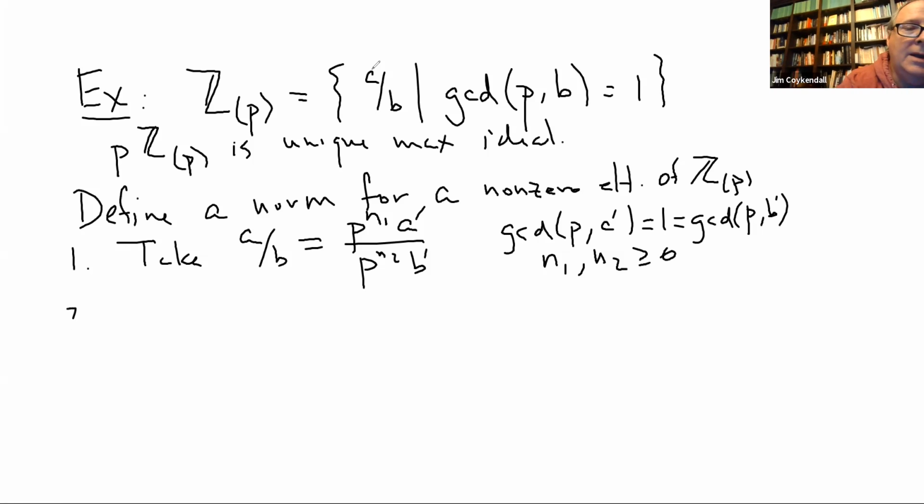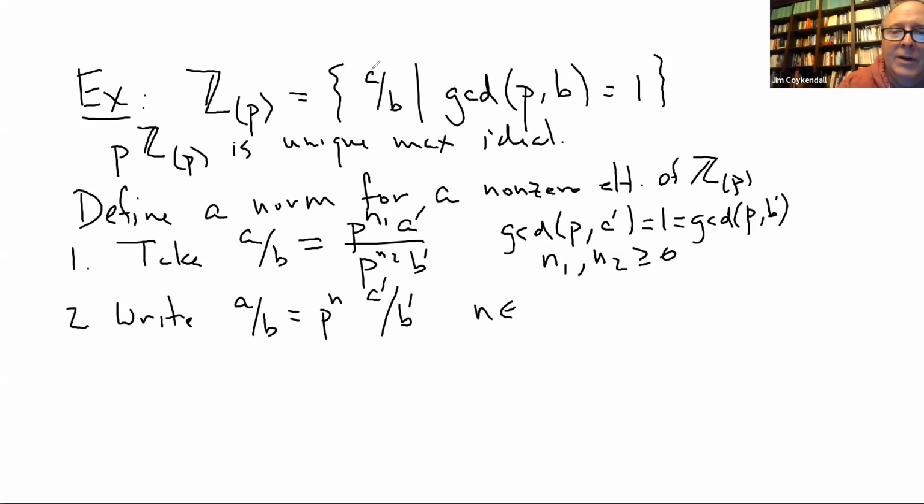So I can write a over b as p^n times a' over b', where n is an integer. Basically, this n here is what you get with n1 minus n2. And that could be a positive integer, it could be a negative integer, it could be 0.